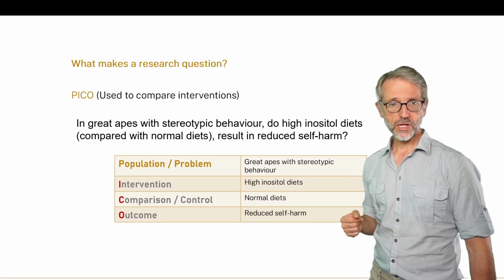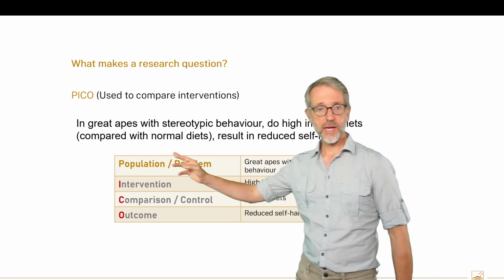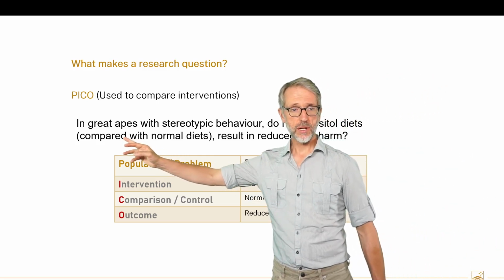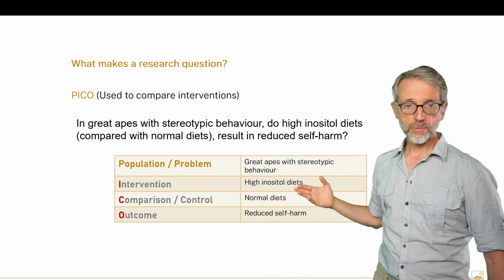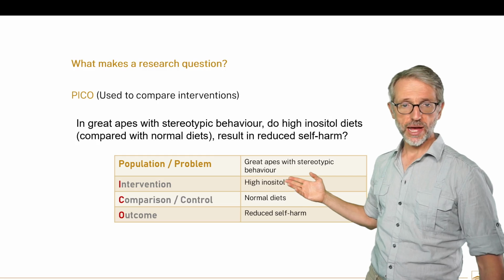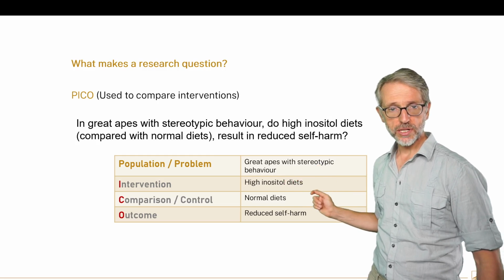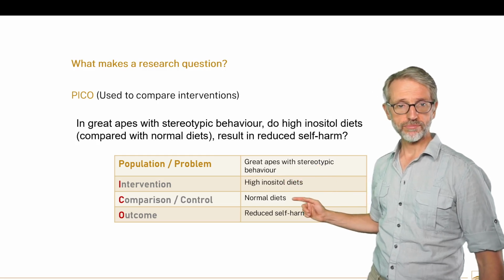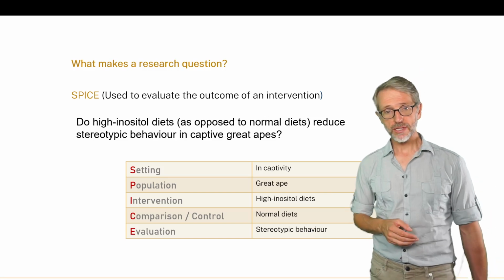So what's going on in here? Well, here you can see that we are making a direct comparison. So this is a PICO style question where the population is defined as great apes with particular behaviour. There's an intervention and we are comparing to the normal diet. And there's an outcome.